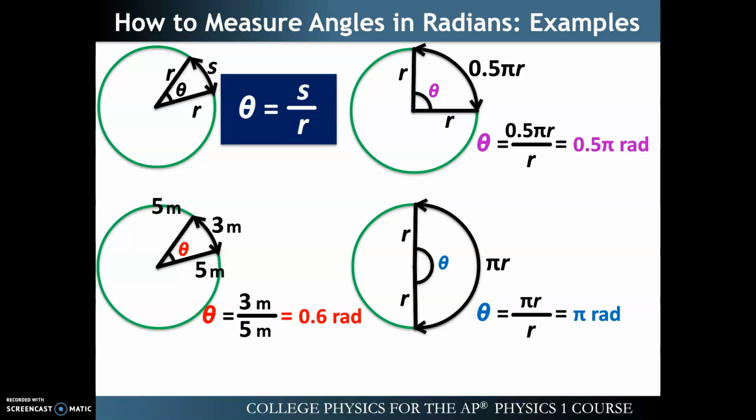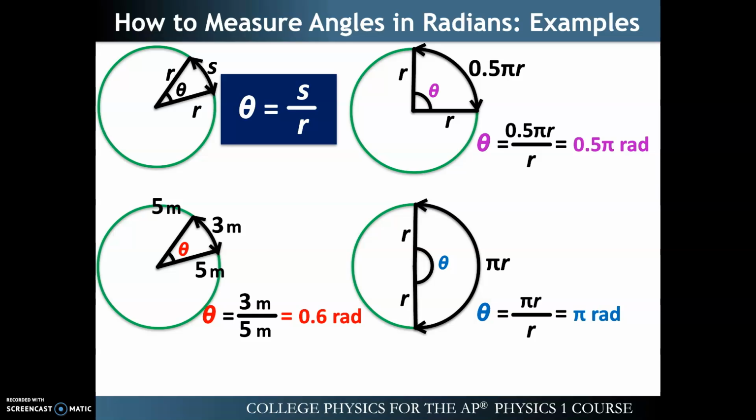So we use that arc length divided by the radius, giving us the angle being half pi radians. So a 90-degree angle is half pi radians.